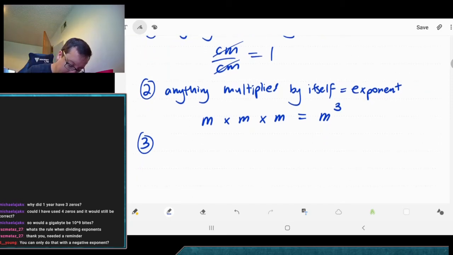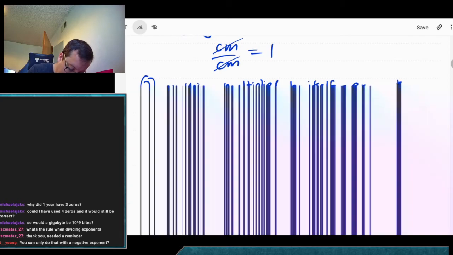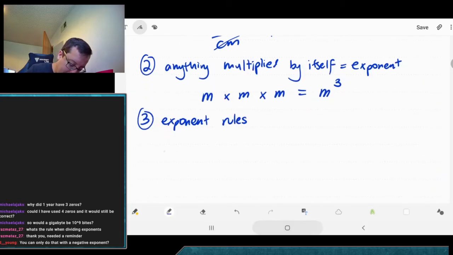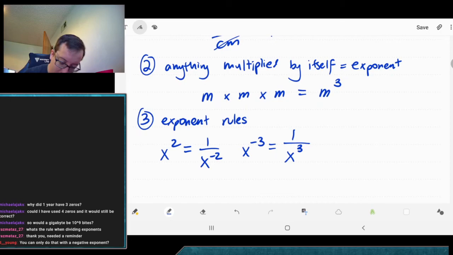With exponent rules, we could say anything raised to a power is the same thing as 1 over something raised to that negative power. Or x to the minus 3 is 1 over x cubed. Either way these work.